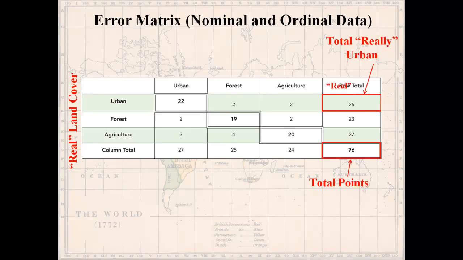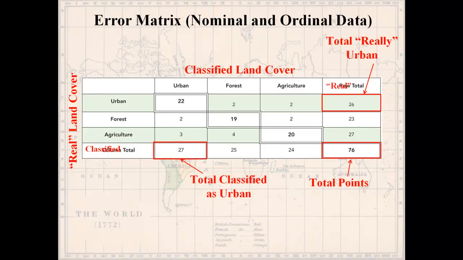I went out, I checked, I made sure it was urban. There's 26 of those 76. The columns are the classified land cover, so the bottom total is the classified land cover. If you look at this, you see that 27 of those spots were classified as urban in the data set.